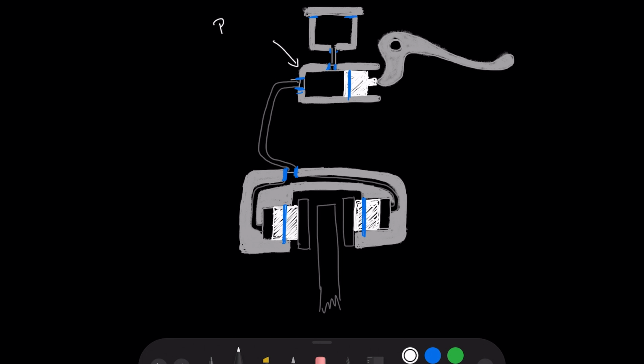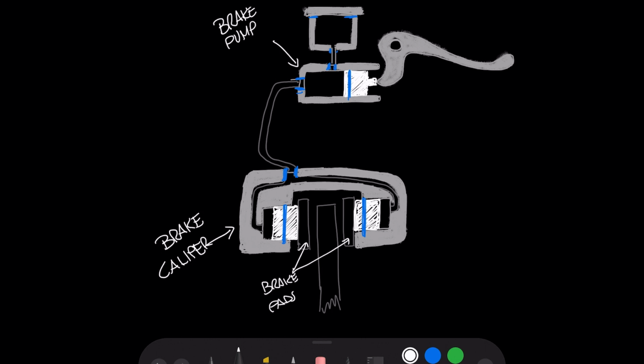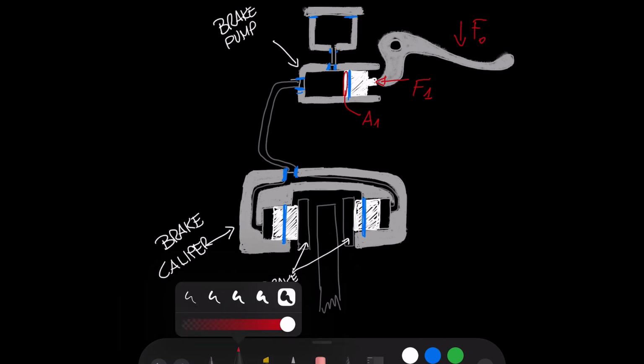Watch this clip. This is a braking system. So we have the brake pump, we have the brake caliper, and then we have finally the brake pads that are creating the friction on the brake disc. To brake, we apply a force F0 to the brake lever. This force F0 is converted to force F1 on the main piston of the brake pump that has a section we call A1.